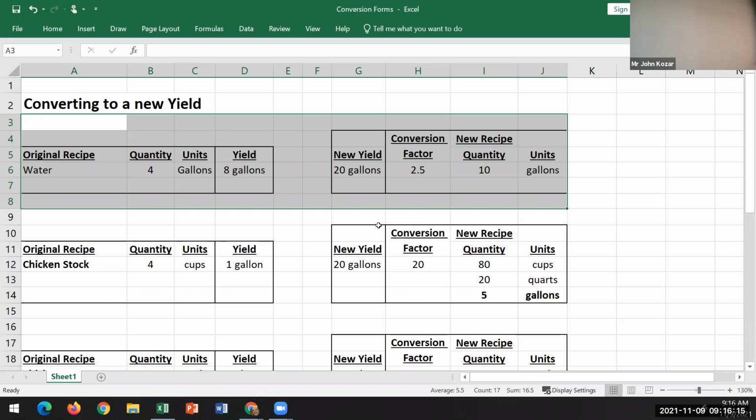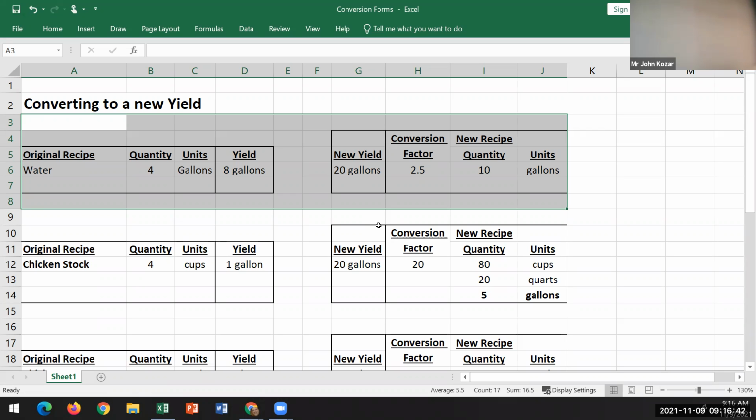But let's say we need more than 8 gallons. Not 8 gallons of water, 8 gallons of the soup, and 20 gallons instead. We're going to convert that recipe, taking the new yield of 20 gallons and dividing it by the original yield of 8 gallons.